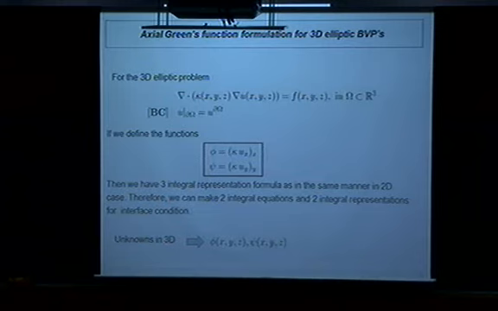Among the three, we reduce to just two integral equations. We eliminate u, then we obtain two integral equations for pi and psi, so we can solve that. This is the key idea of the axial Green function method for general elliptic boundary value problems.